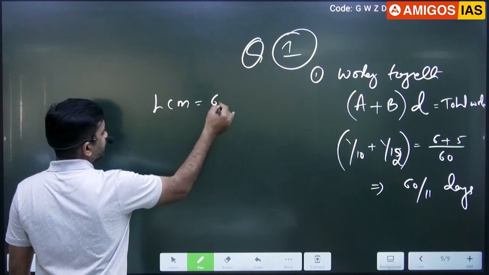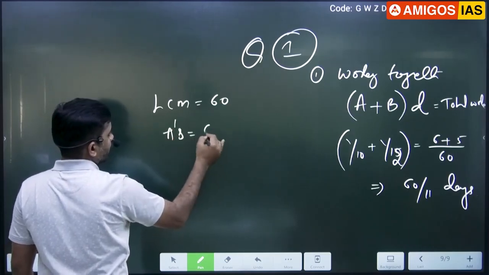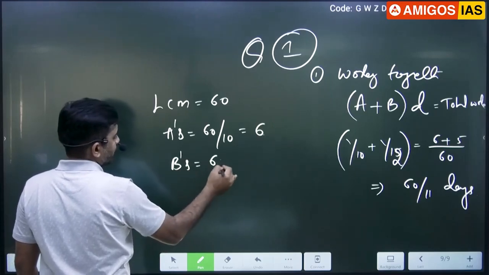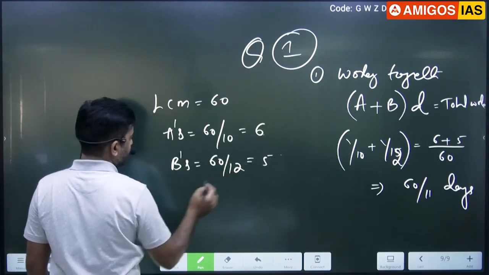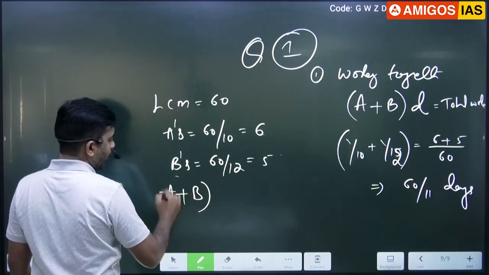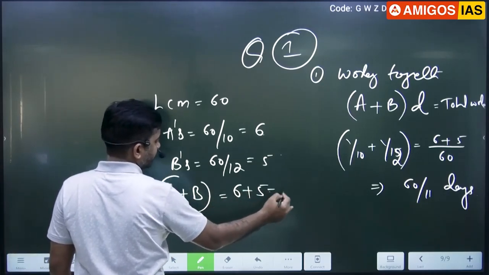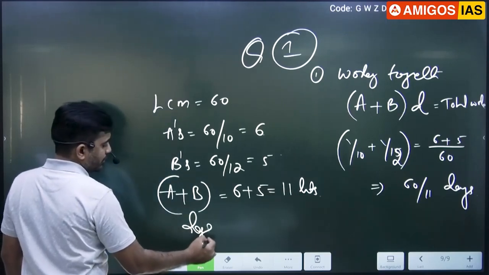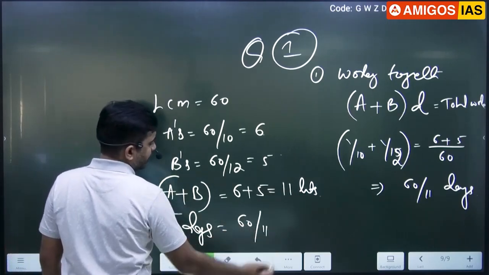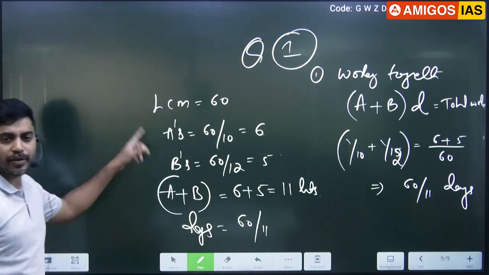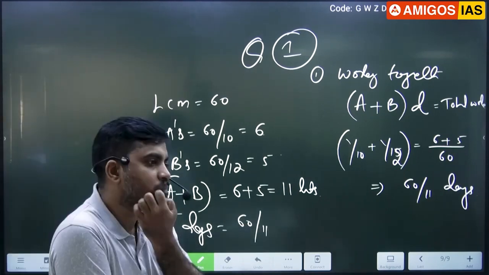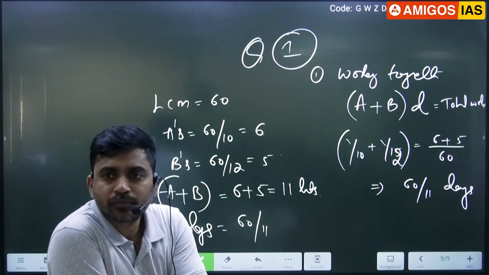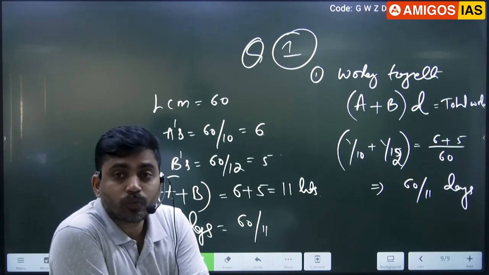LCM 60. 60 by 10, 6 units. 60 by 12, 5 units. Both A and B are working. 6 plus 5, it is 11 units. Days 60 by 11. This is by using LCM method. Clear?